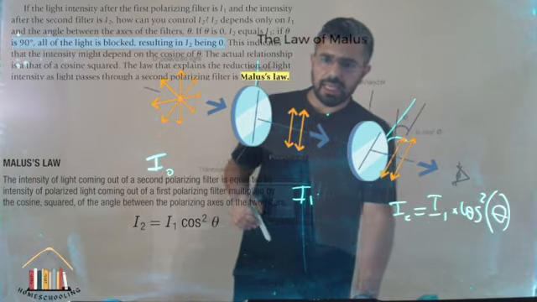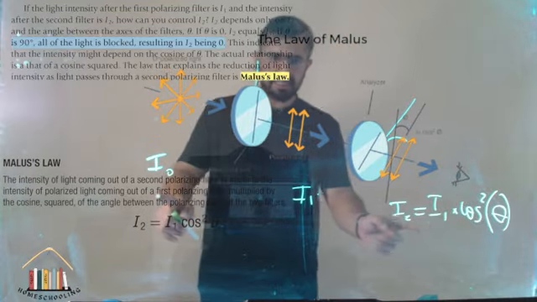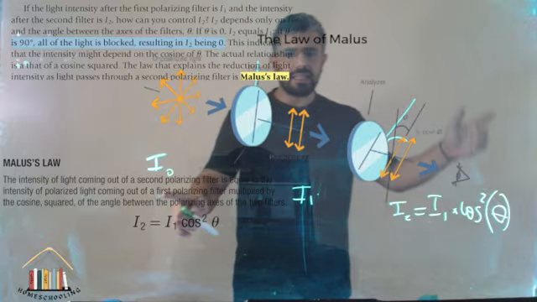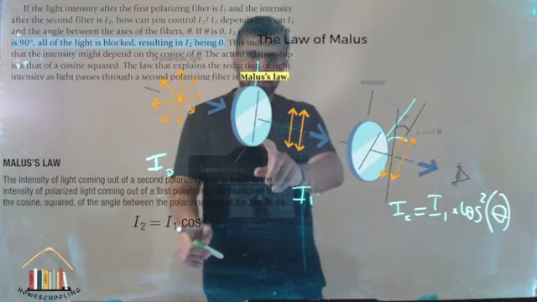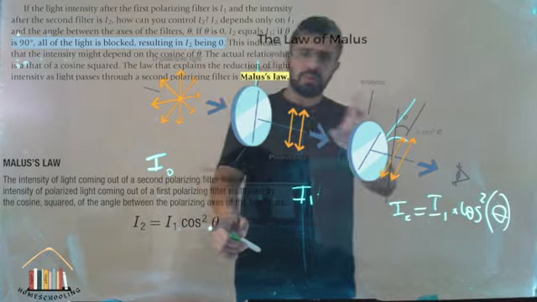So again, I2, which is the intensity of the light at the end, is equal to I1, the light polarized by the first polarizer, multiplied by cosine squared of the angle between the two polarizers.